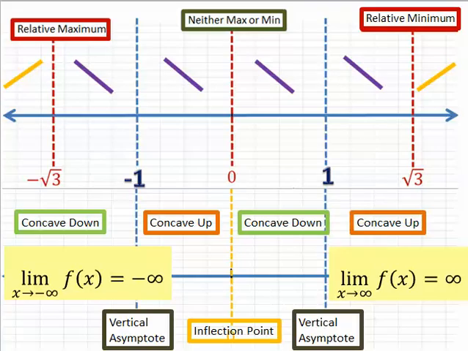And as x goes to negative infinity, the function goes to negative infinity. And so after negative radical 3 going off to the left, the function will continue to get more and more negative.